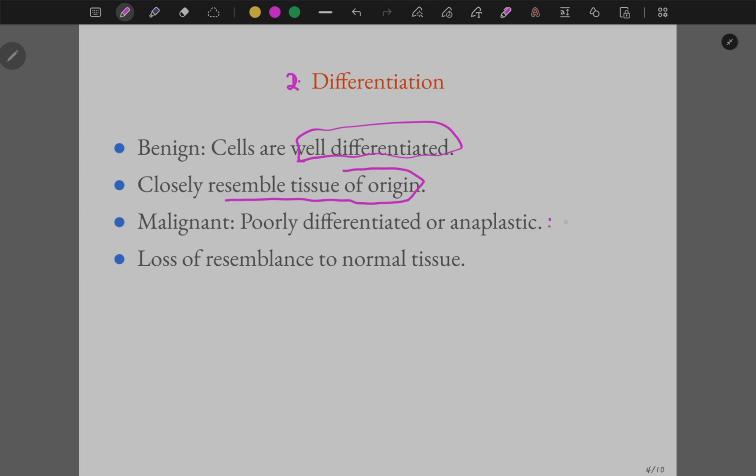Anaplasia means lack of differentiation, with a loss of resemblance to the normal tissue. Differentiation is the degree to which a cell resembles the normal tissue. Benign neoplasms are well differentiated, and malignant ones are poorly differentiated or exhibit lack of differentiation, called anaplasia. Anaplasia is an important feature of malignant tumors.